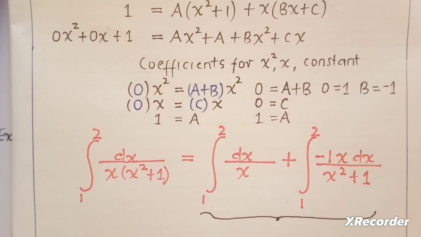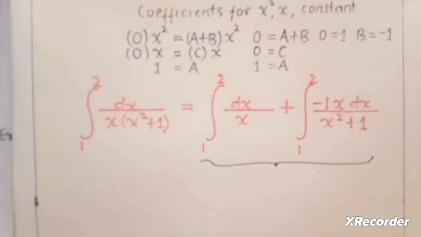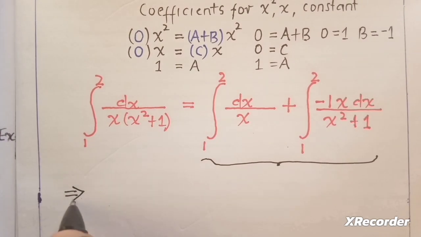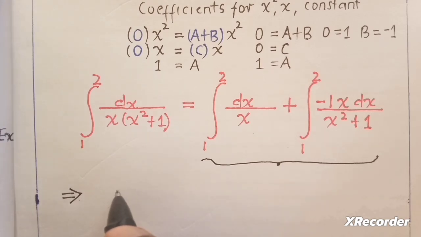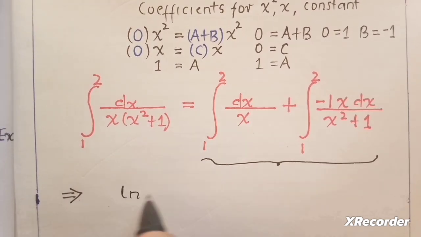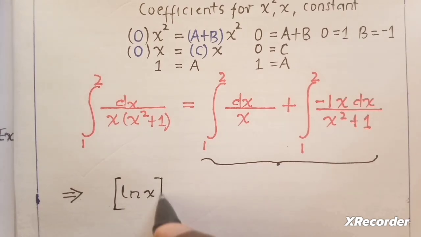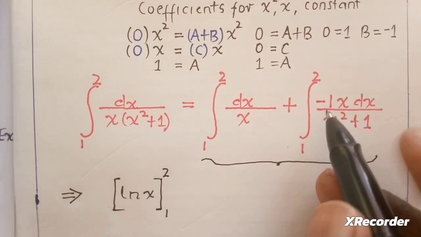So let's start now the process of integration, guys. We shall have now the integral of dx over x, which gives us ln x, like that, with limit 1 to 2. Then this one is now going to be negative.